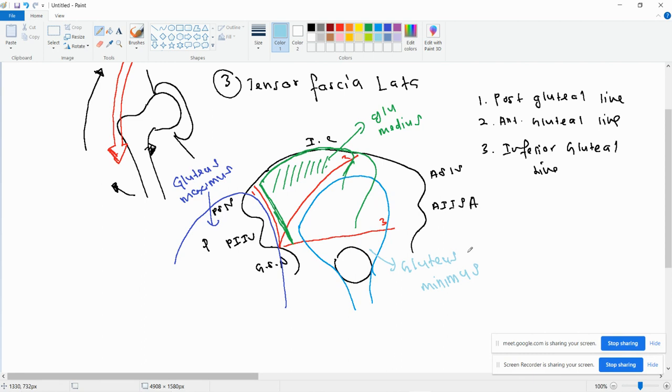Okay, so this is the origin for each abductor muscle.